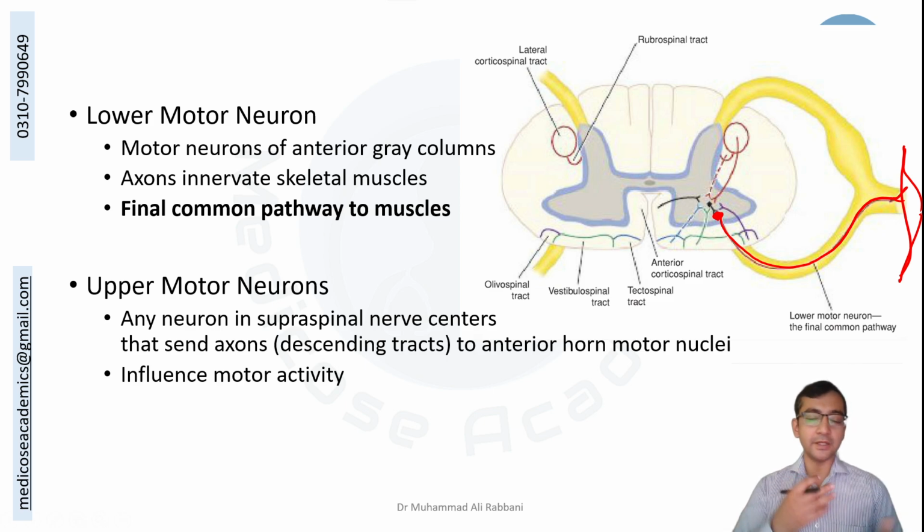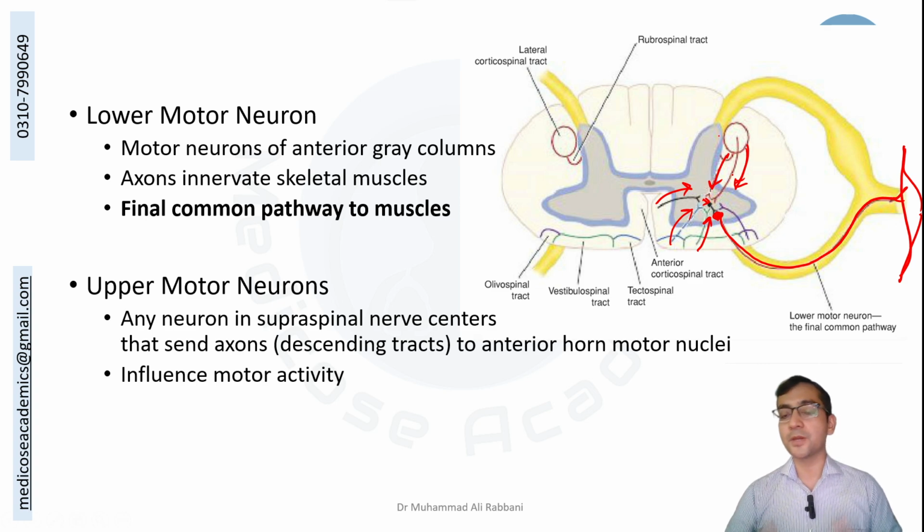Why am I focusing so much on the last neuron? Because ultimately the signal started from the brain. As the brain signal comes down, the tract itself may have a number of nuclei or cells. All of the axons, like this one coming from a local neuron, those coming from the corticospinal tract, the reticulospinal tract, the vestibulospinal tract from the vestibular nucleus, the olivary nucleus, the rubrospinal tract from the red nucleus, all the tracts coming from upwards, these are the upper motor neurons.